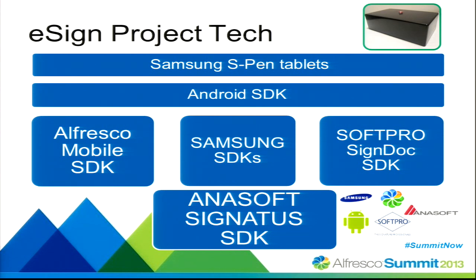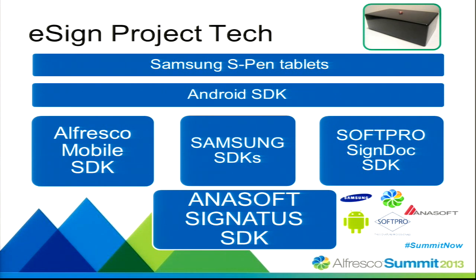So we started with Android, Samsung-based Android tablets with a special pen-enabled layer, which is referred to as S Pen. And of course, we had to use Alfresco Mobile SDK for all the connectivity to Alfresco repository. We use multiple Samsung SDKs, some supporting S Pen, some security features.